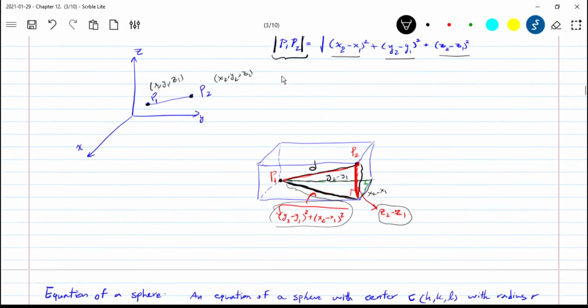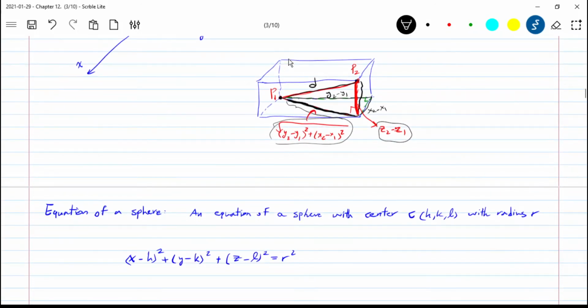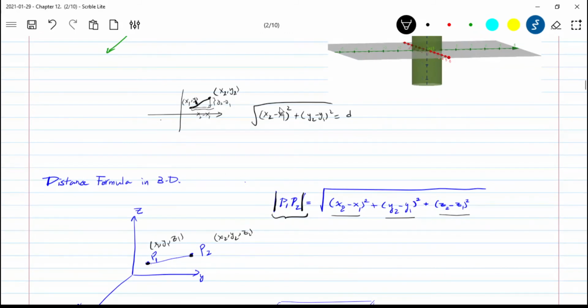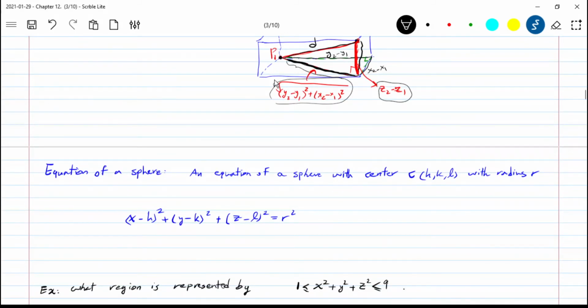Which means we can find the equation of a sphere. We used 2 dimensions to find the equation of a circle. A sphere is like a circle in 3 dimensions, which would give us something like this. Imagine a ball with the center somewhere here. Let's pick the center to be the origin for the moment.